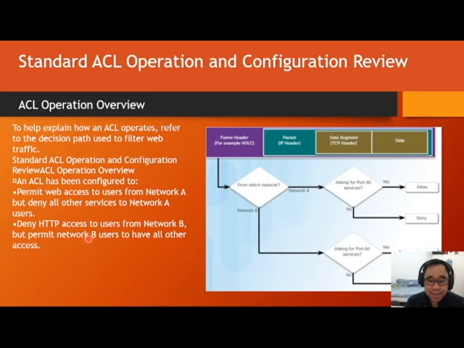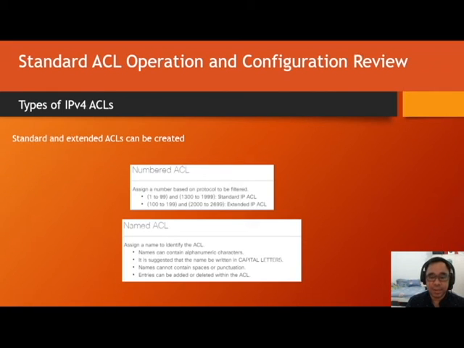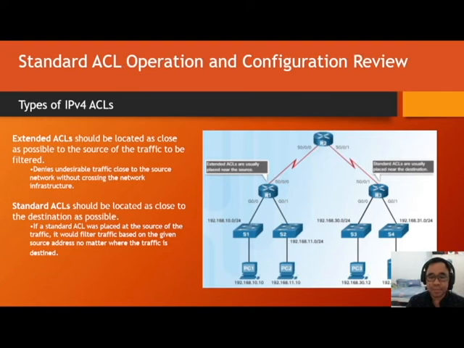Deny HTTP access to users from network B, but permit network users to have all other access. Okay. Standard and extended ACLs can be created.